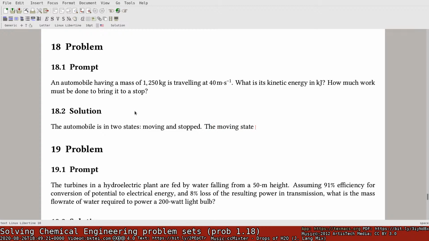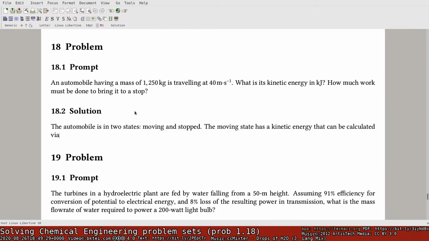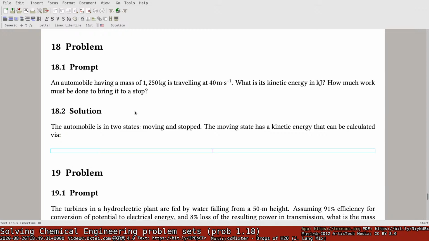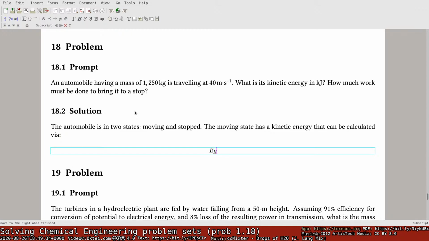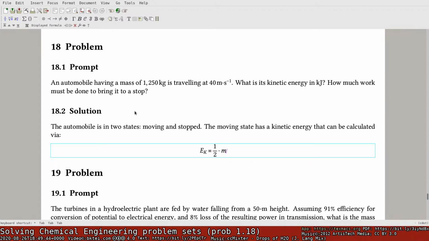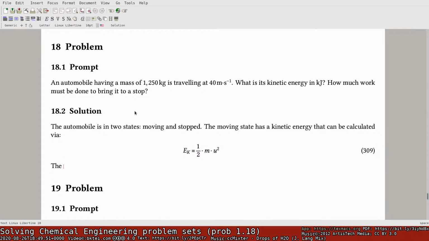The moving state has a kinetic energy that can be calculated via the same equation, E sub k equals 1/2 m v squared. The stopped state has 0 kinetic energy.